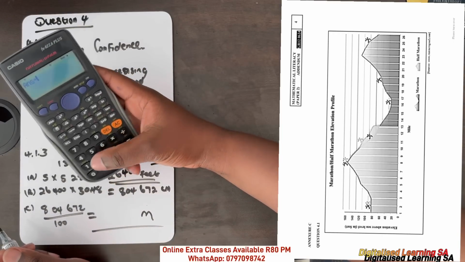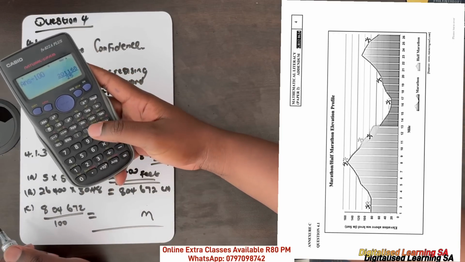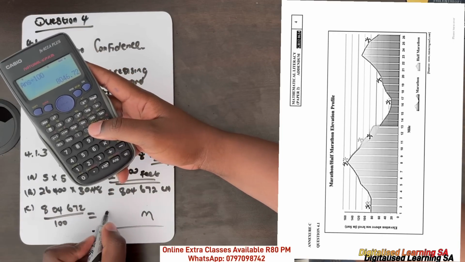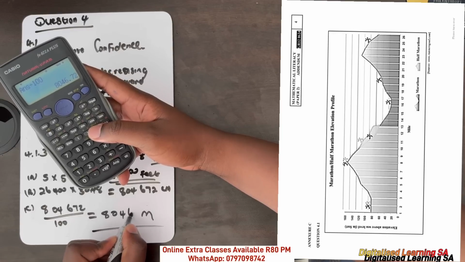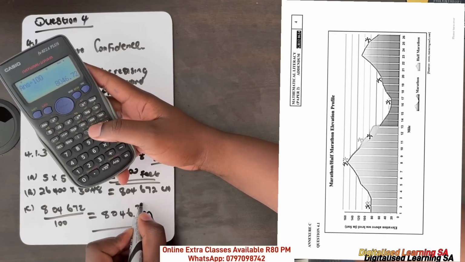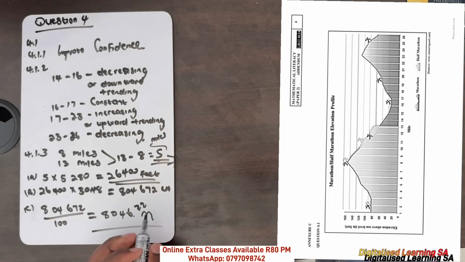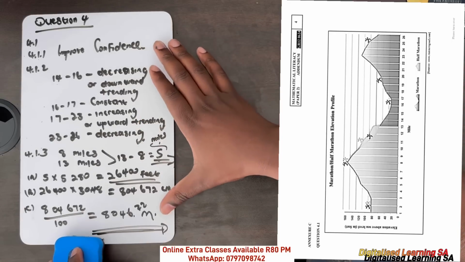So we just divide by 100, meaning that our answer will be 8046.72 meters. So this is our final answer. So we have converted from miles to meters, and that's how we did it. Okay, so now let's move to the next question, which is question 4.2.